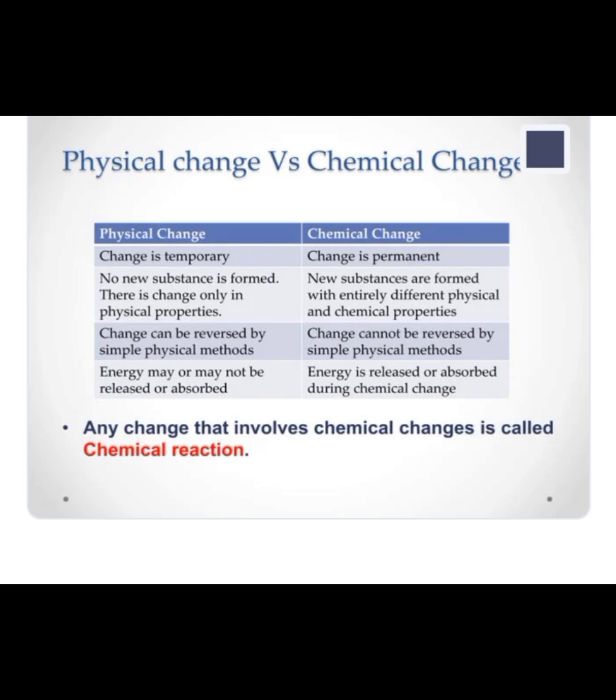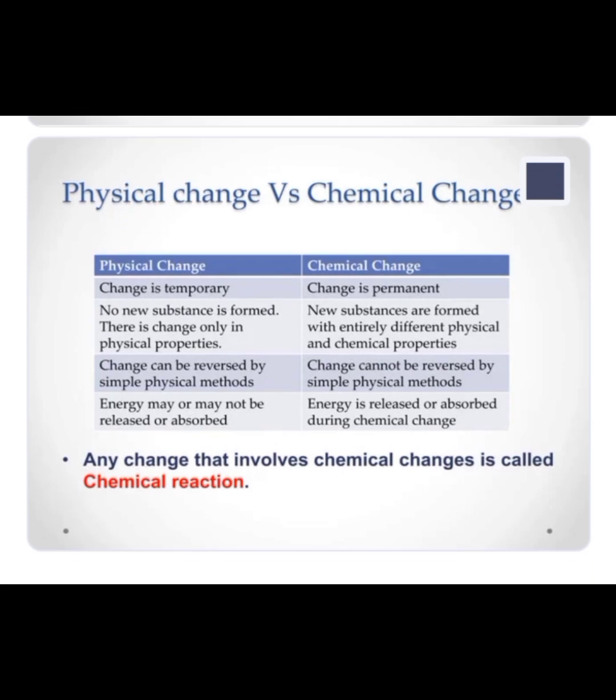If we compare the physical change to chemical change, what are the points to remember here? If physical change is temporary, chemical change is permanent, like rusting of iron that cannot be reversed.